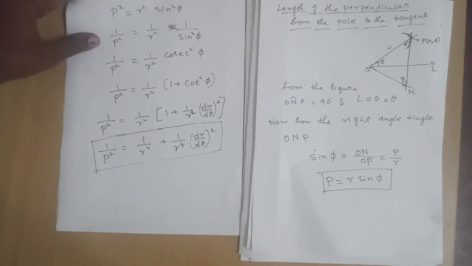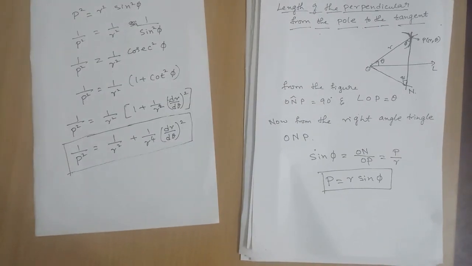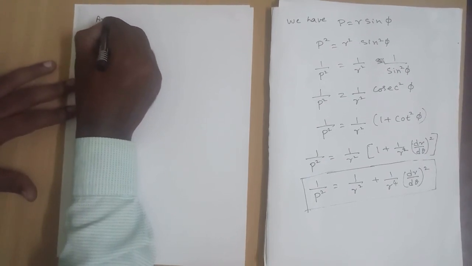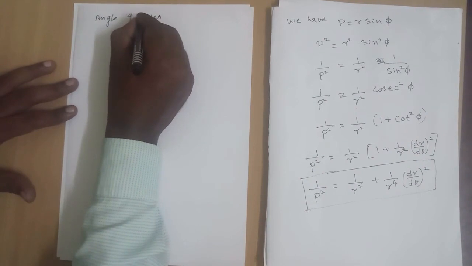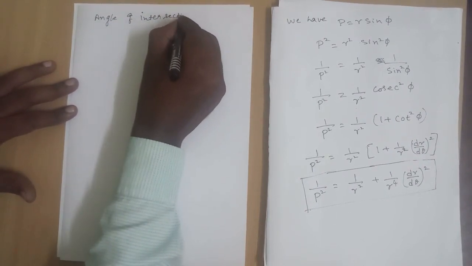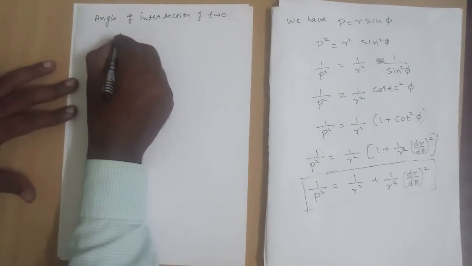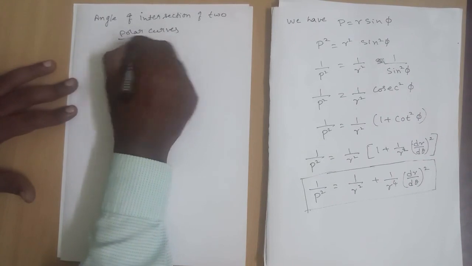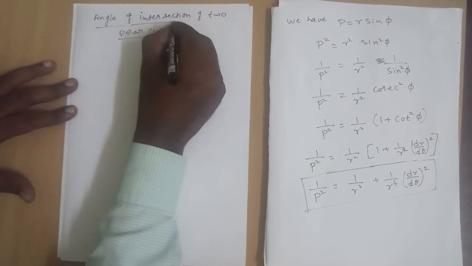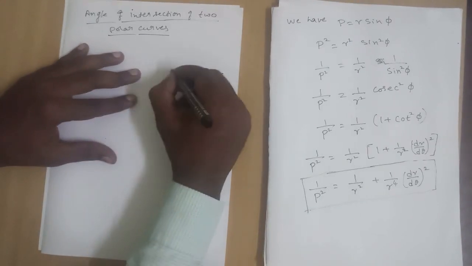Okay, now next one, angle of intersection of two polar curves. So I'll draw the figure first.